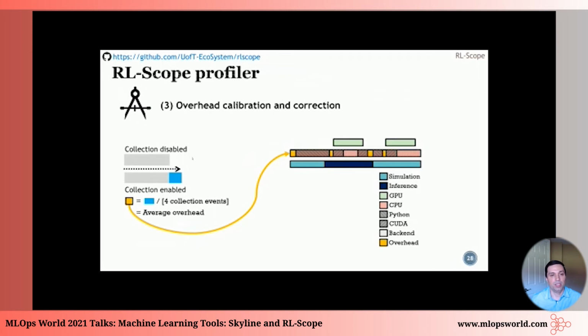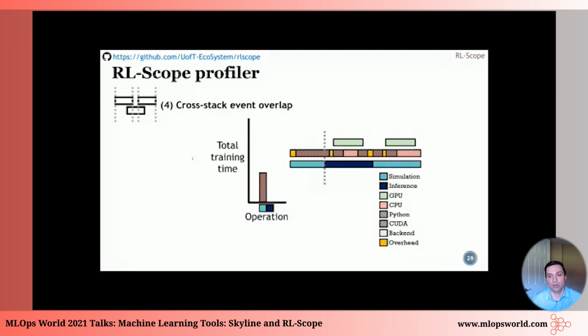Another important thing is that we do cross-stack event overlap. So we don't just tell you your CPU time is 10% and your GPU time is 90%, or vice versa. We actually show you the total training runtime and how it's spread across all these different layers. For example, here you are in Python, running on the CPU, and here you are right now in the inference stage, and you are still in Python. Then you move on, and here you're in between CPU and GPU, probably communicating data, and then you're running a GPU kernel.